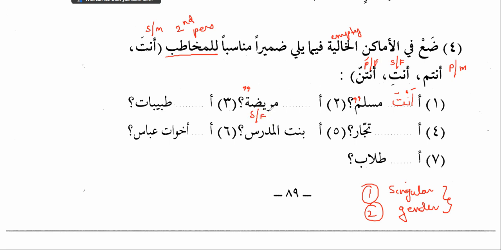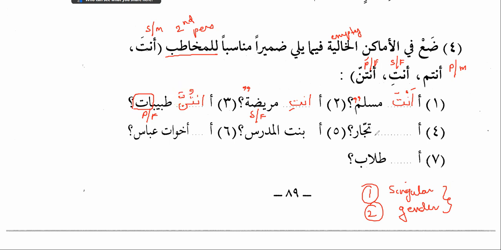So which pronoun are you going to use for this? Anti, right? A dash tabibat. This is plural feminine, tabibat. By seeing alif and ta, it is feminine sound plural. So we will use the plural feminine, antunna. Antunna.